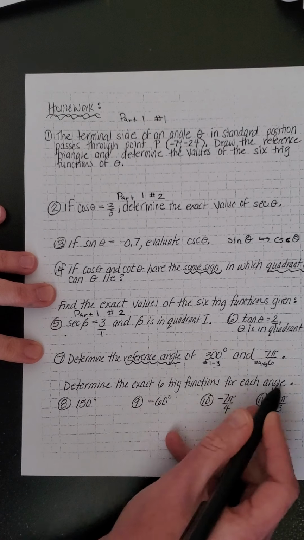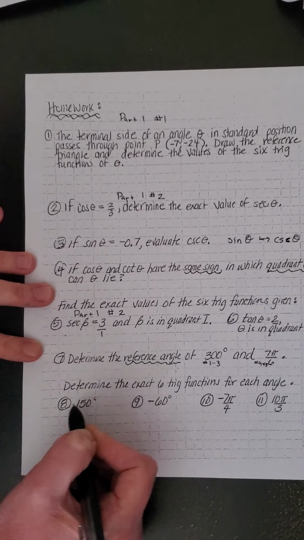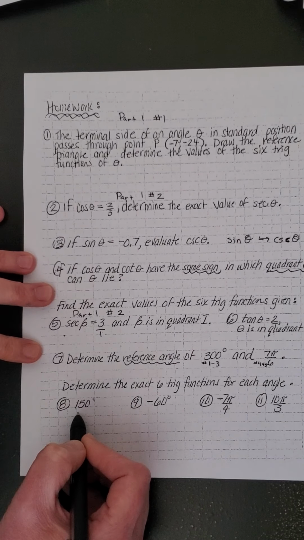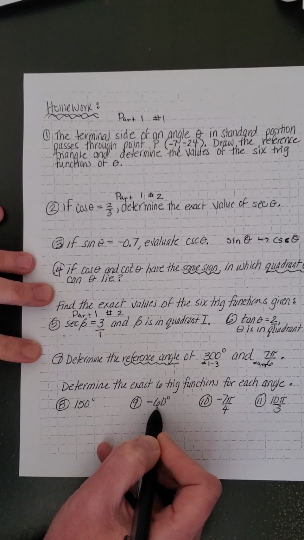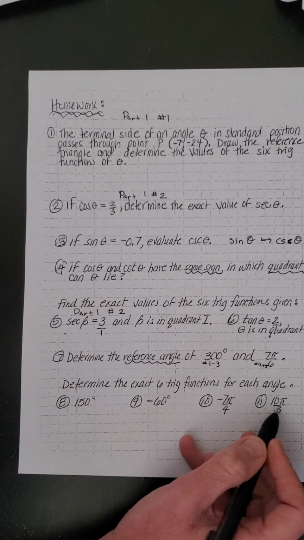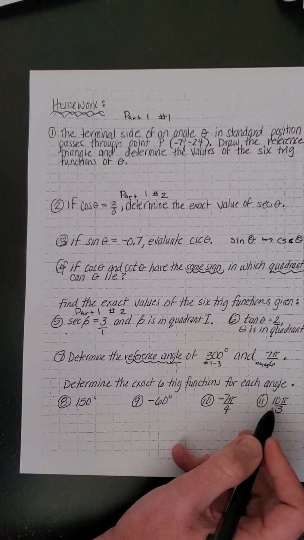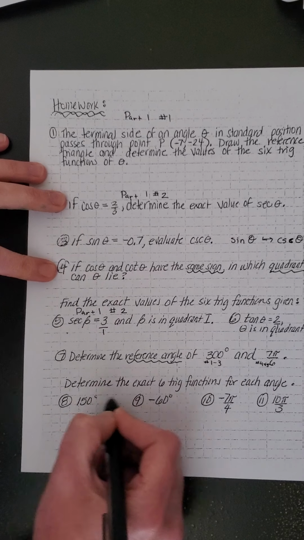And the last one, determine the 6 trig functions. So this one's on the unit circle and this one's on the unit circle. This one's on the unit circle, and 10 pi over 3 is not on the unit circle. All right, so all 3 of these are on the unit circle.